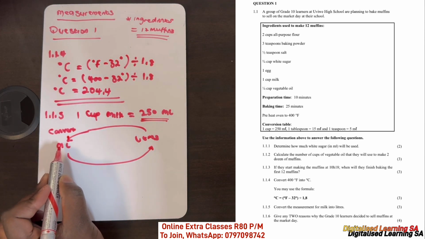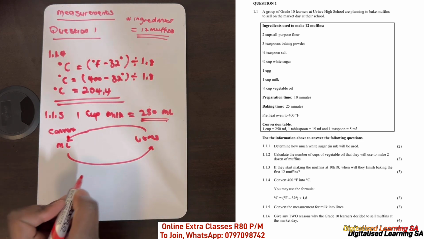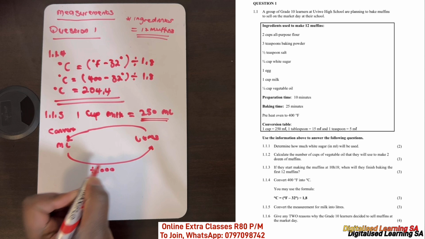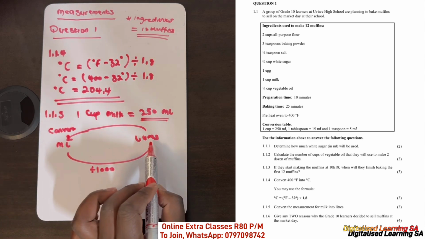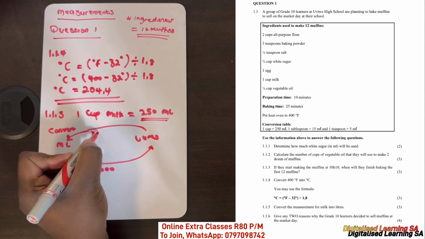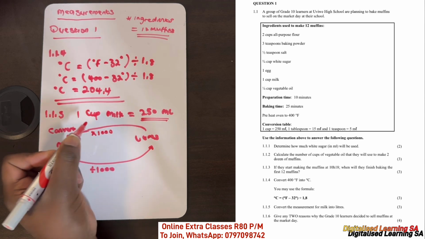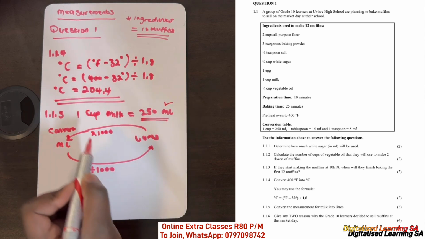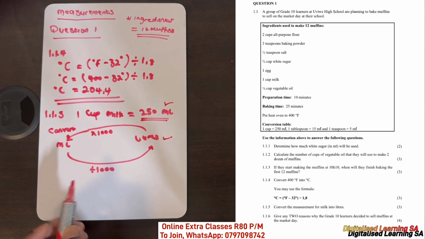So to convert from milliliters to liters, we simply divide by 1000. And to convert from liters to milliliters, we do the opposite. We multiply by 1000. So in this case, we are converting from milliliter to liters, meaning that we are going to divide by 1000.